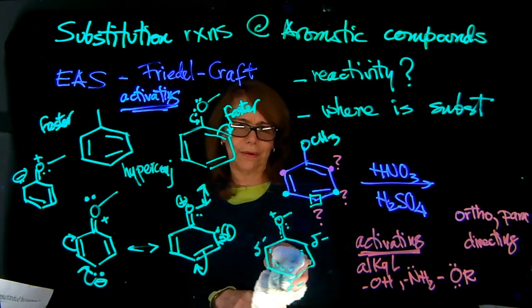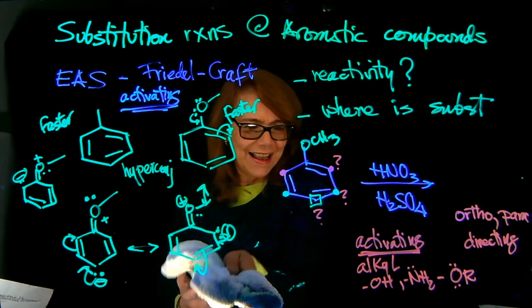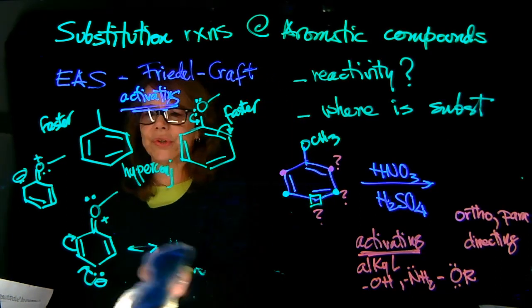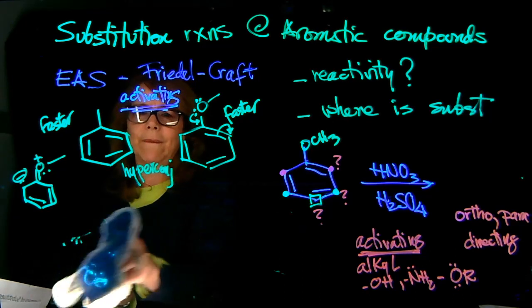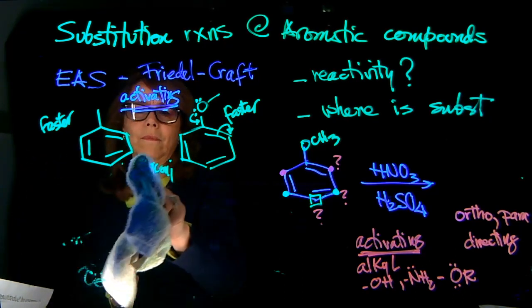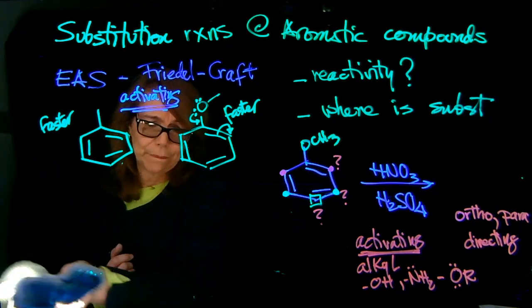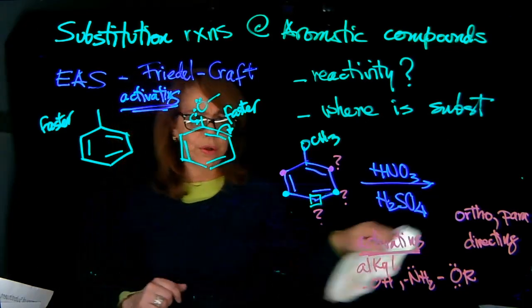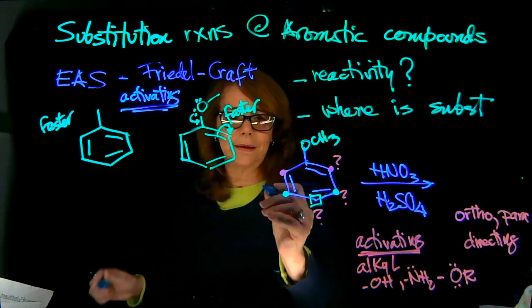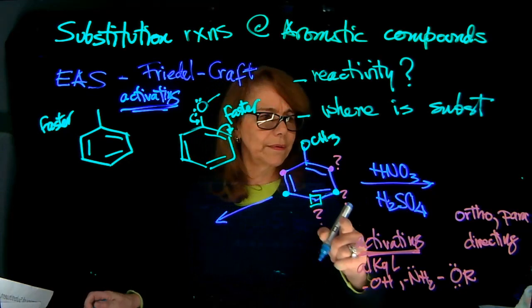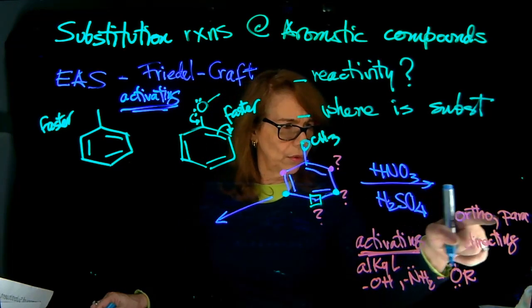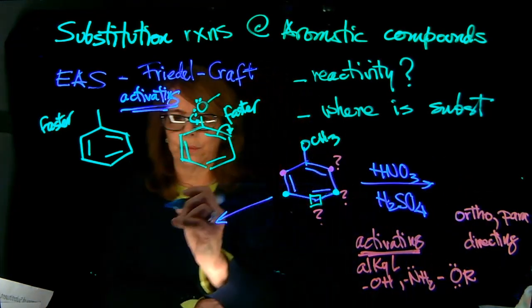What that means is that in the reaction that I drew here, I have two main products. And now I'm going to draw it to the other side. So that's our conclusion, and we know why that is. Not only do they react faster than benzene, but now we know how they orient the substitution. So your products are going to be ortho or para to that group.